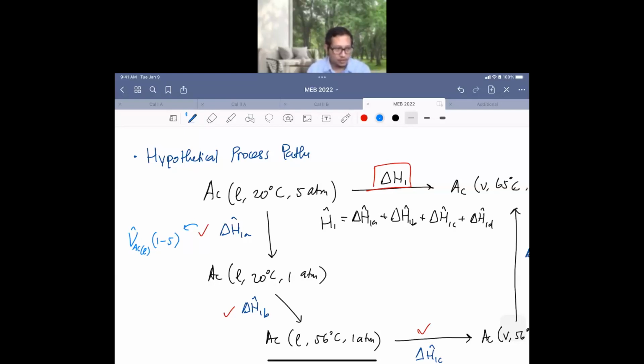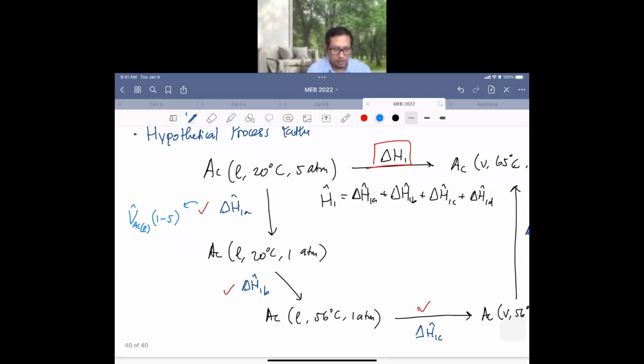And then B will be equal to the integration from 20 degrees Celsius until 56 degrees Celsius of Cp for acetone liquid dT.